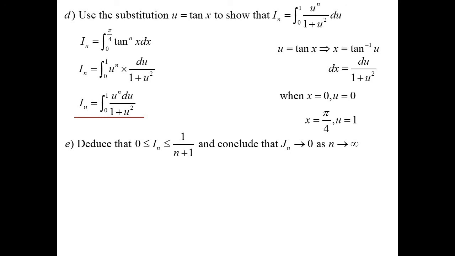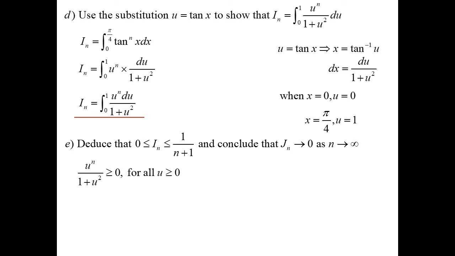Deduce that In is in between 0 and 1 on n plus 1, and then conclude from that that Jn approaches 0 as n approaches infinity. Well, u to the power of n on 1 plus u squared, I know that's always greater than 0. Because remember, we're going from 0 to 1, so I'm substituting positive numbers into that.